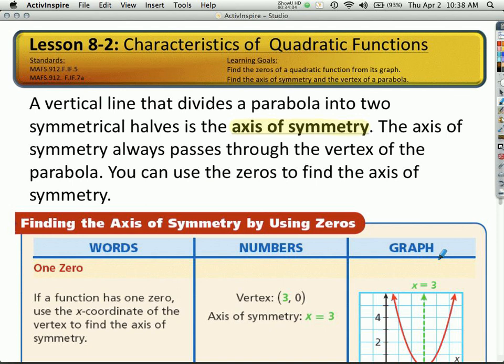The axis of symmetry is a straight line. You're an expert on straight lines. You can write equations of straight lines. They're called linear equations. So we can find the axis of symmetry a few different ways.